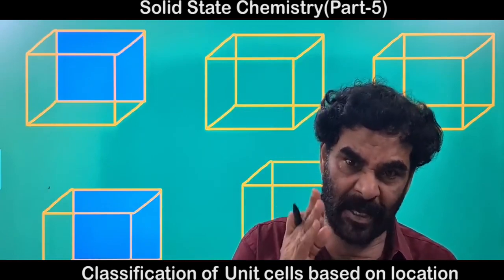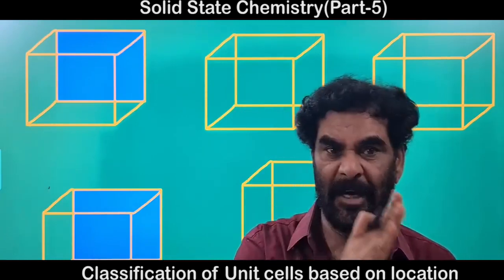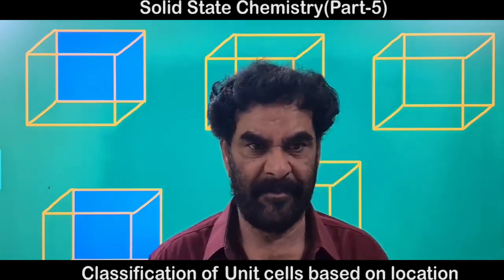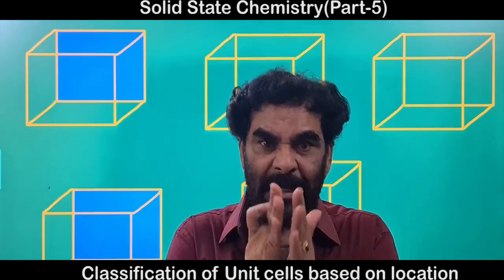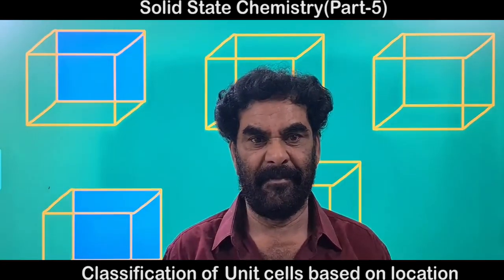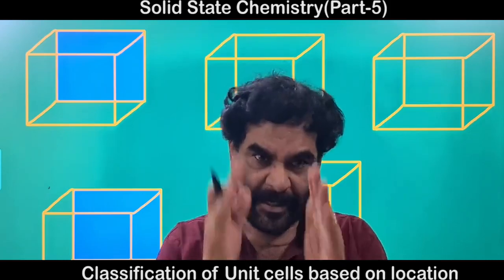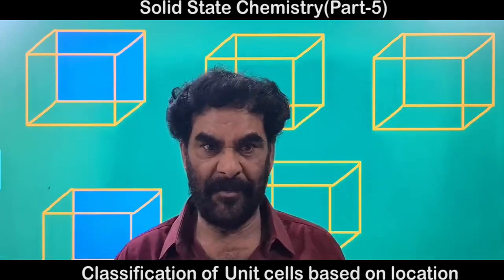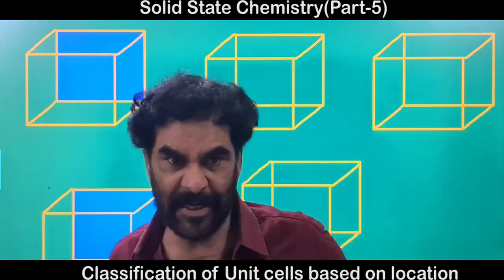So based on the location of the lattice points, unit cells are further classified into 4 types. Basically they are classified into 2 types, and the 2 are further classified into 4.